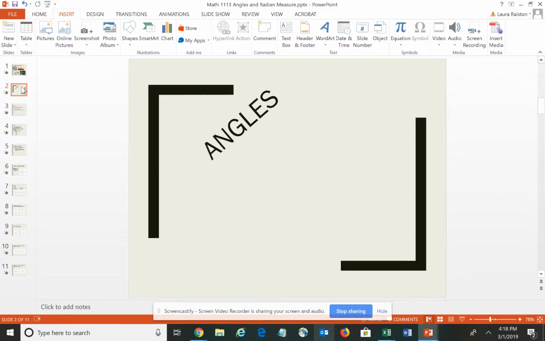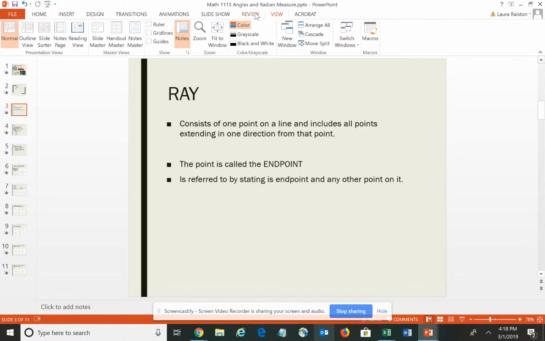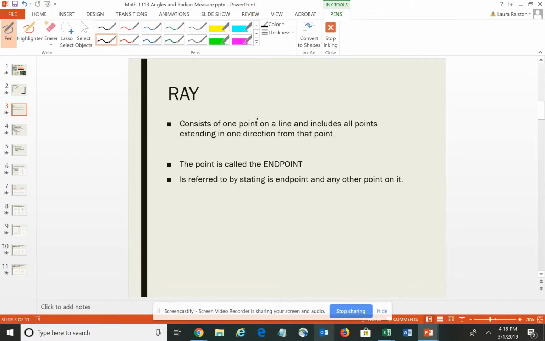But before we can talk about angles, we need to understand what a ray is. And a ray consists of one point on a line and includes all the points extending in one direction from that point.